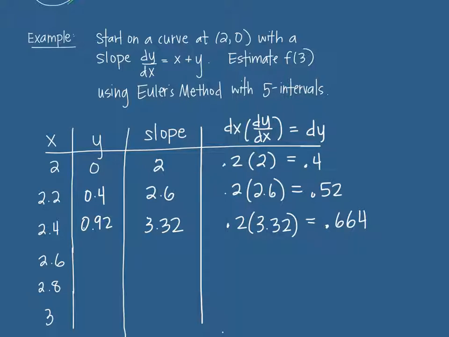So what's our new y now? 0.92 plus 0.664, which is 1.584. Times or add? We added them.